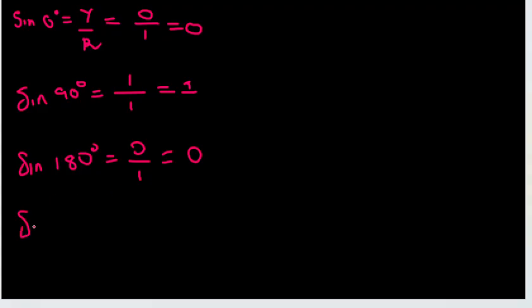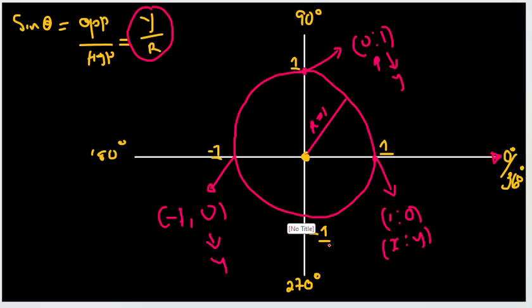The next one is sine 270. Sine 270 is on this side, where the point is (0, -1), and the 1 is my y that I'm looking for.